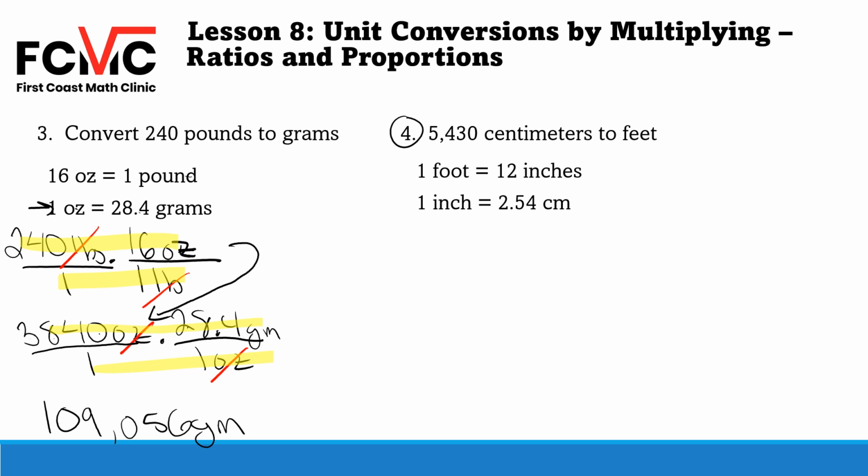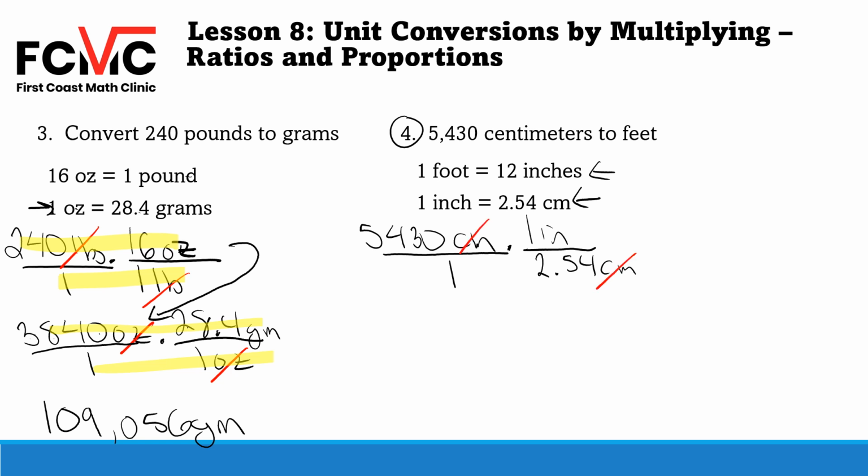Number 4, let's do 5,430 centimeters to feet. So let's convert centimeters to inches first, then the inches to feet. I'm going to multiply 5,430 centimeters by 1 inch over 2.54 centimeters. Our centimeters and centimeters cancel out.